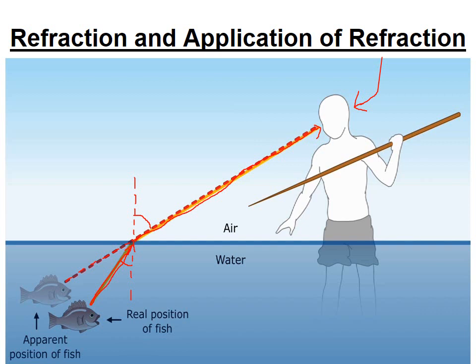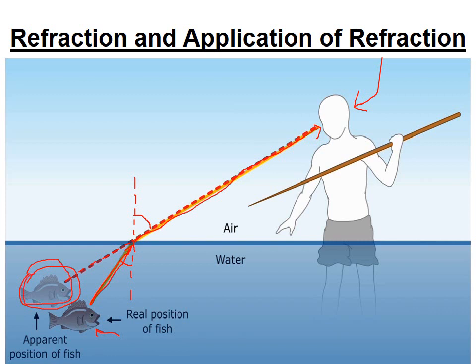Just like there were traceback rays for reflected rays in plane mirrors, in some cases of concave and also convex mirrors, there are also traceback rays in the case of refraction. And so we form an image where these traceback rays meet. Even though the fish is actually over here, when we're, let's say, hunting for the fish with this spear, we will see it up here.